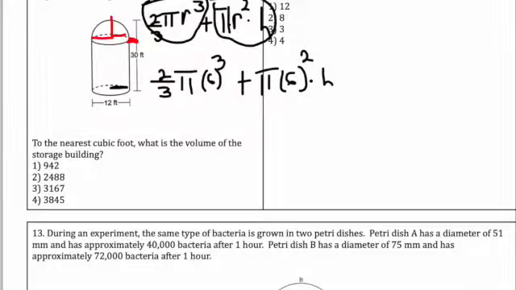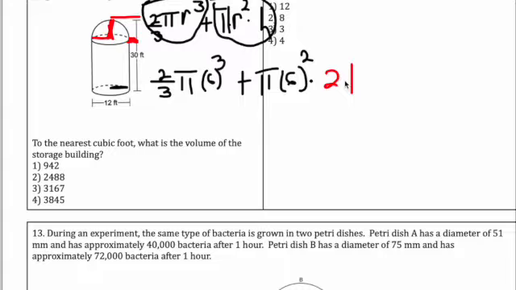So we know that the height of the hemisphere, this amount of space, is going to be 6 because it has a radius of 6. So since from here to here is 6, the rest of it is going to be 24. So instead of using h, I'm going to multiply it by 24.